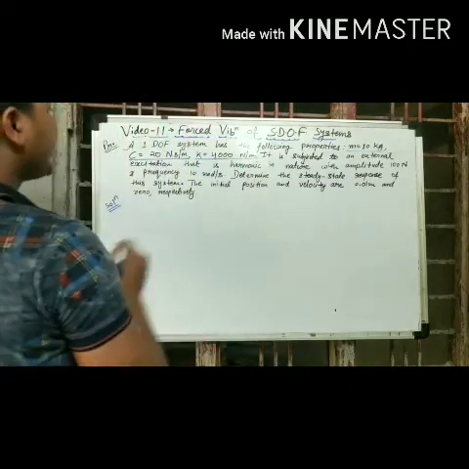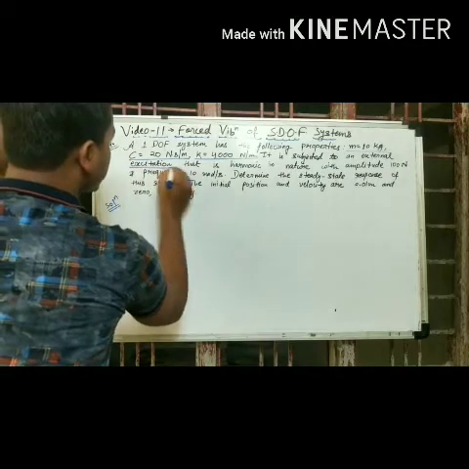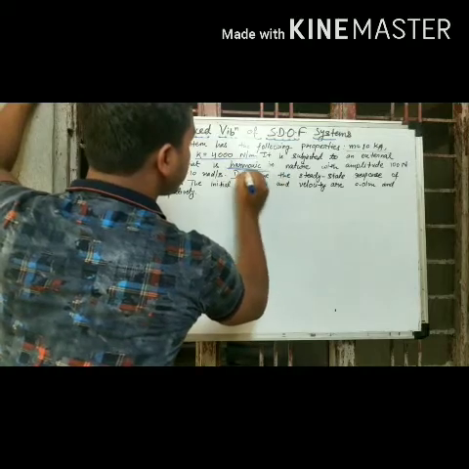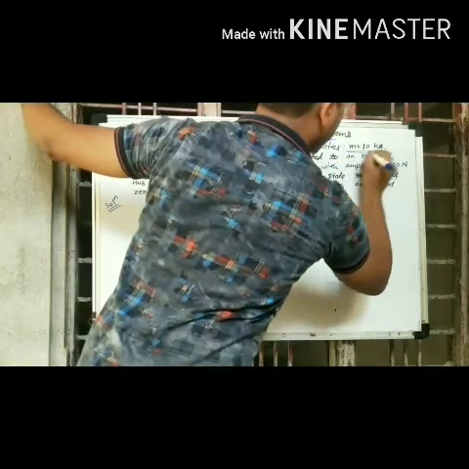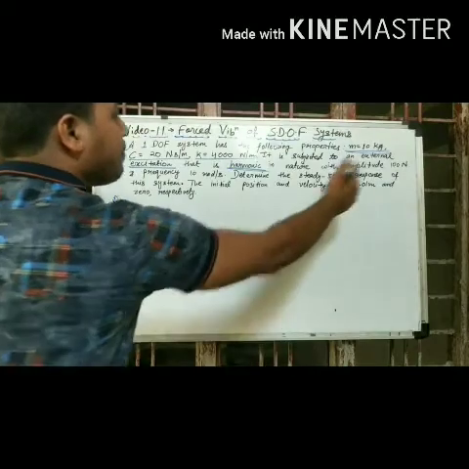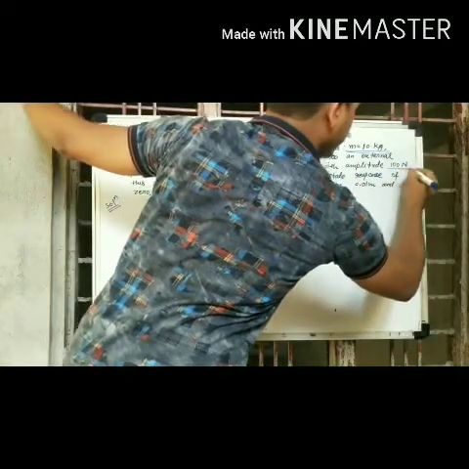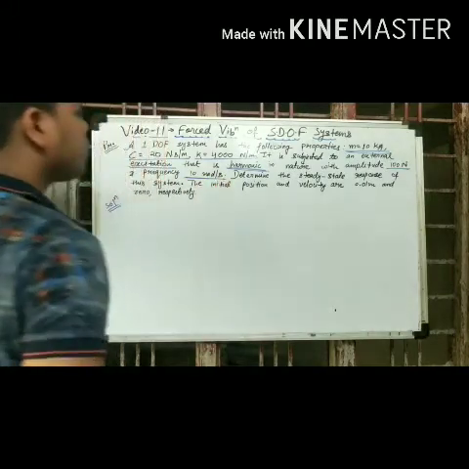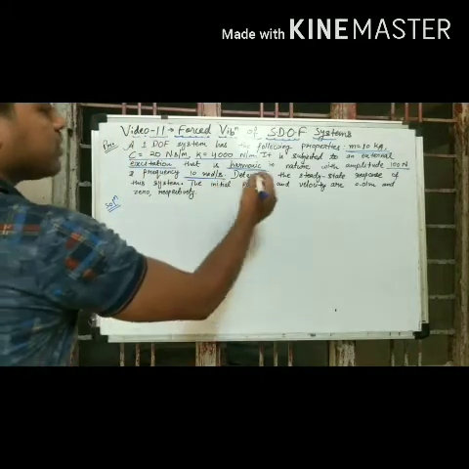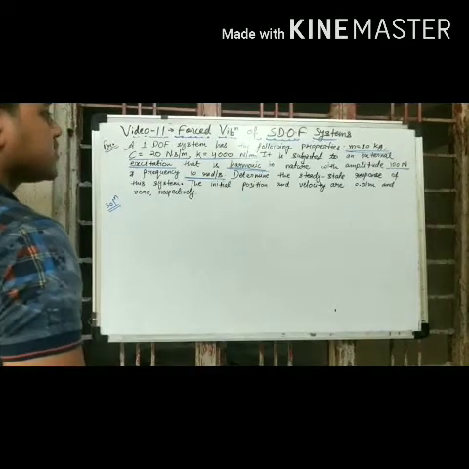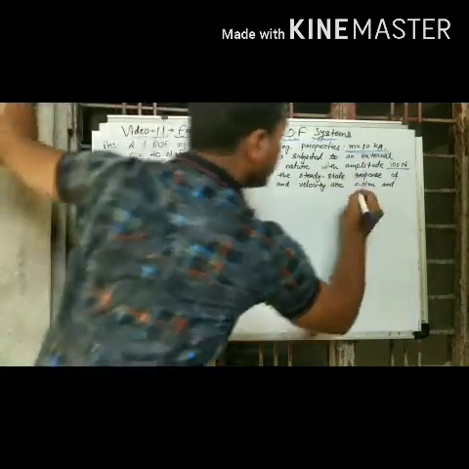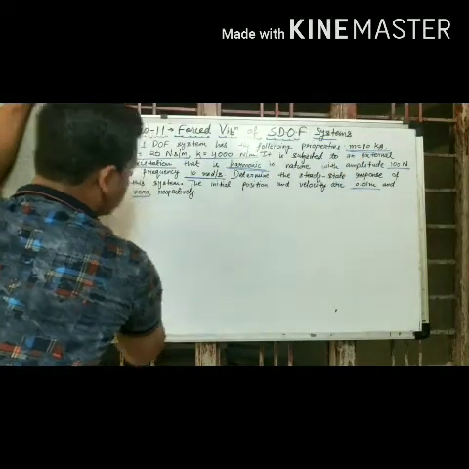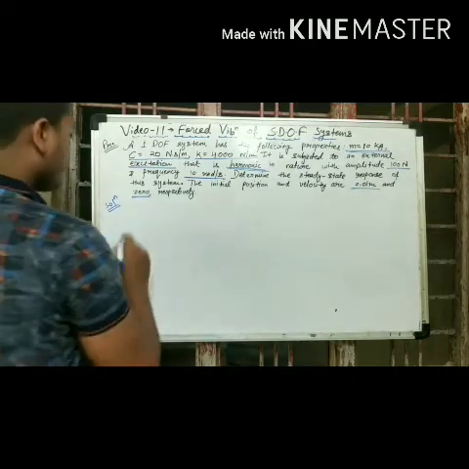It is subjected to an external excitation that is harmonic in nature, with amplitude 100 Newton, which is the amplitude of the harmonic excitation, and frequency 10 radian per second, which is the frequency of the harmonic excitation. Determine the steady state response of this system. The initial position is 0.01 meter and the initial velocity is 0. First of all, I will write the given data.